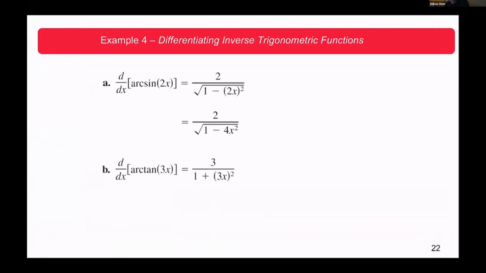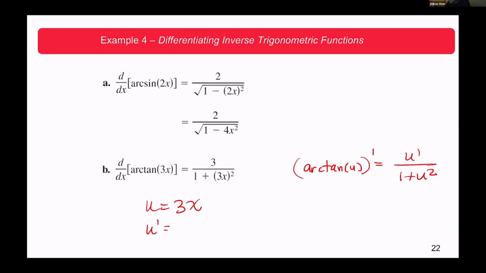Next question is the derivative of arctan of 3x. Arctan of u has the derivative u prime over 1 plus u squared, from the same set of formulas. Okay, who is u here? Well, u equals 3x, and u prime is just 3.